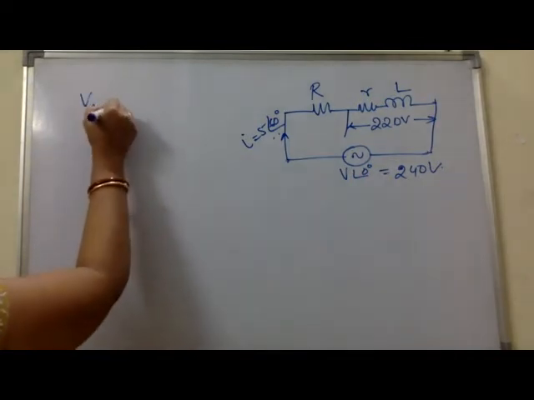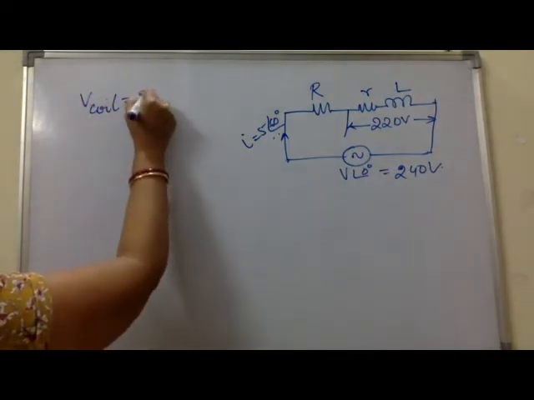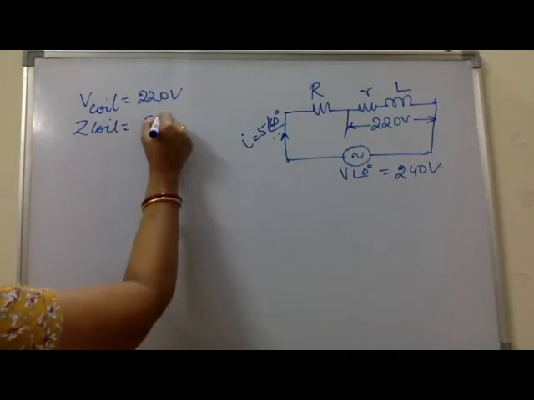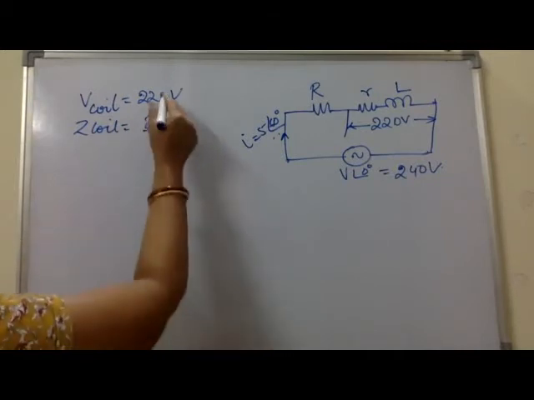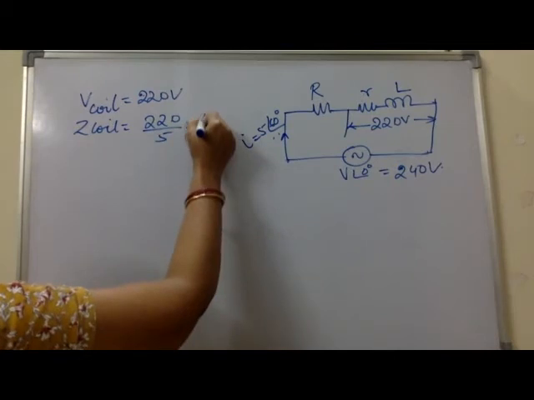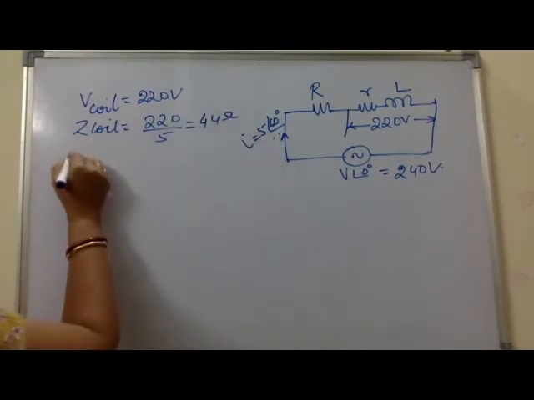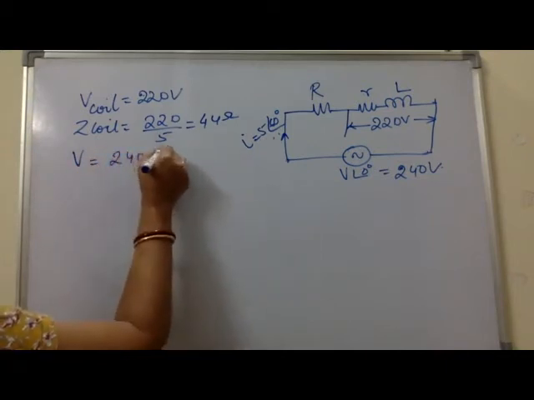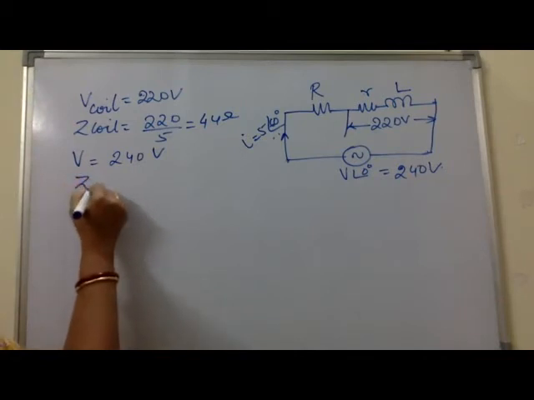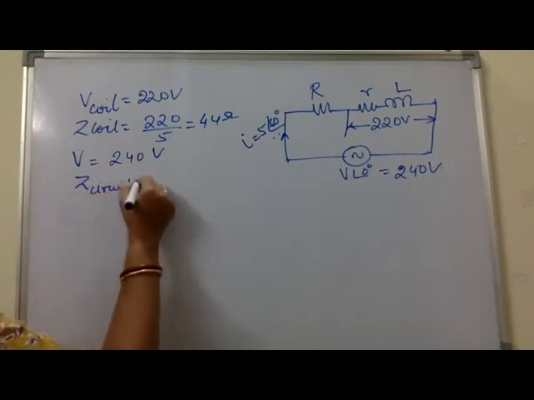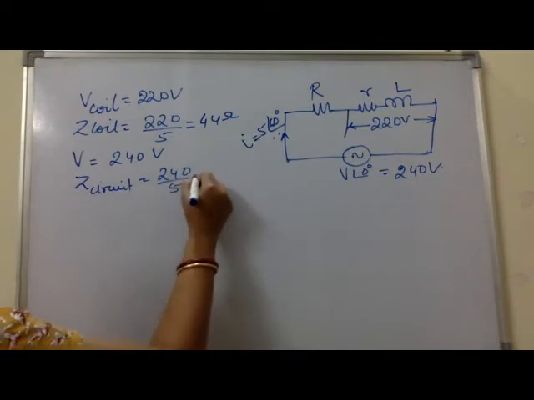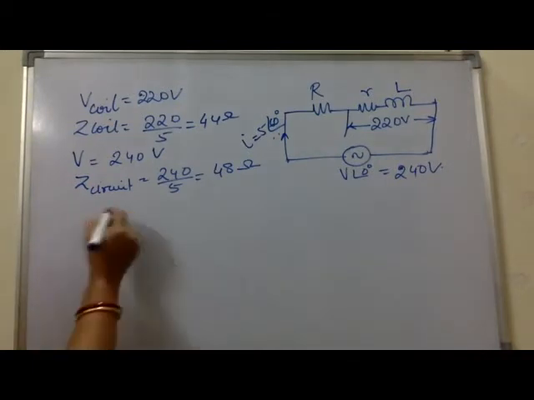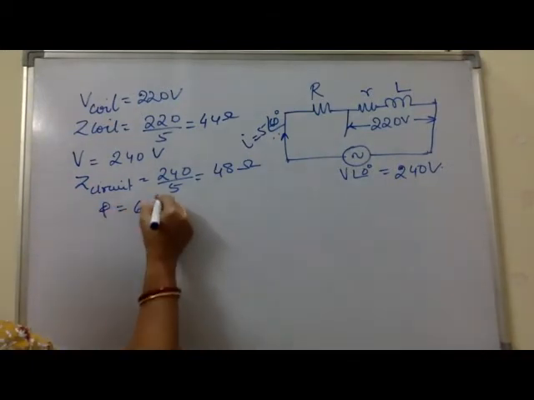Because V coil is equal to 220 volts, therefore Z coil will be 220 divided by the current, VL by I, that comes to 44 ohms. And the applied voltage to the complete circuit, V, is 240 volts, and therefore Z circuit is 240 divided by I, that comes to 48 ohms. Phi is given as 60 degrees.